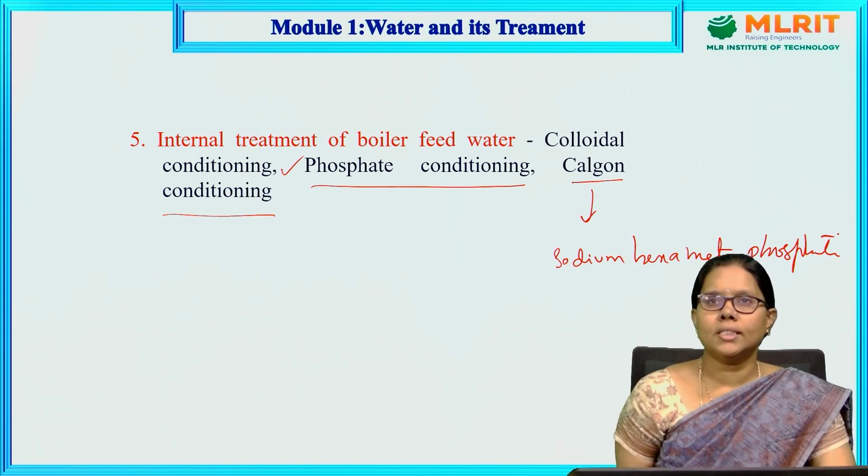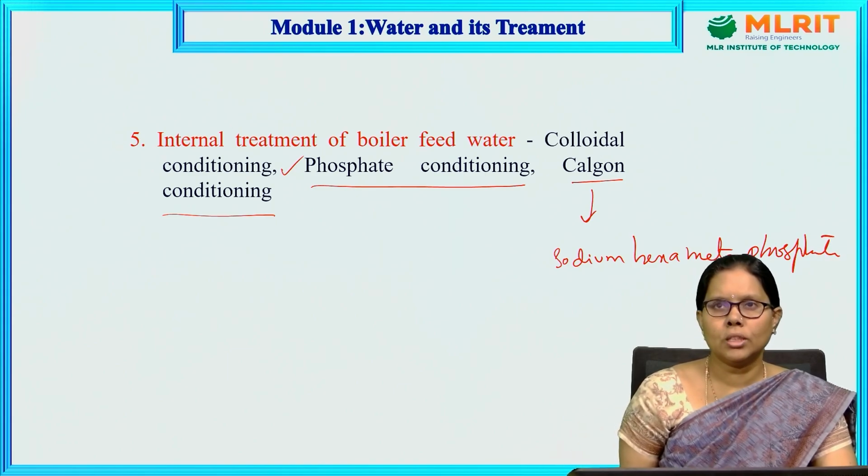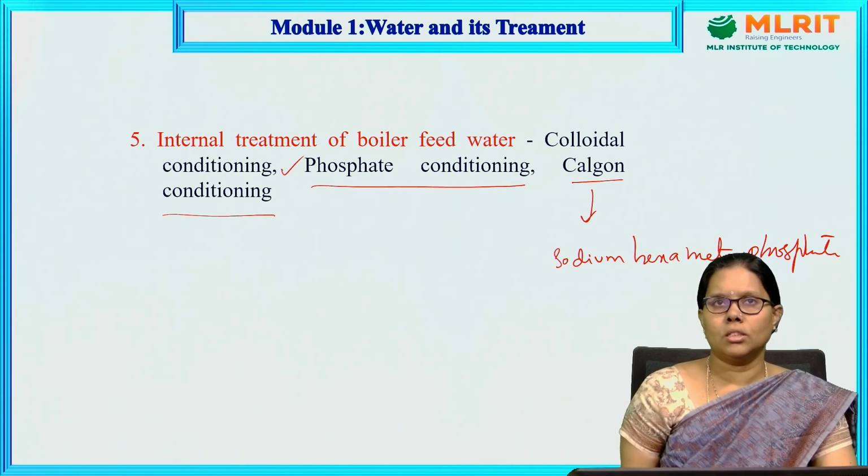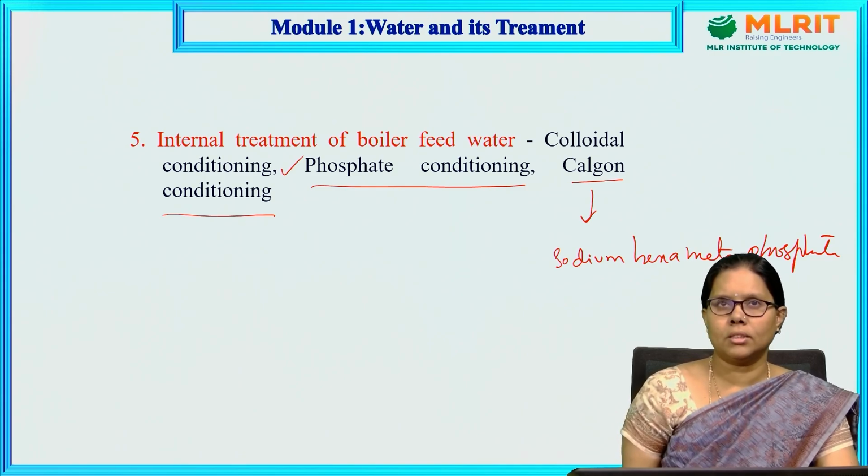By using these chemicals, we purify the water which is used in the boilers. Those are sodium phosphate, sodium hexametaphosphate, etc.